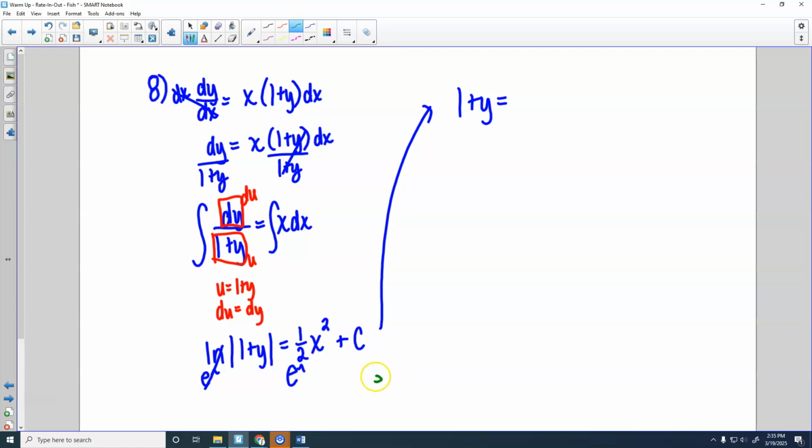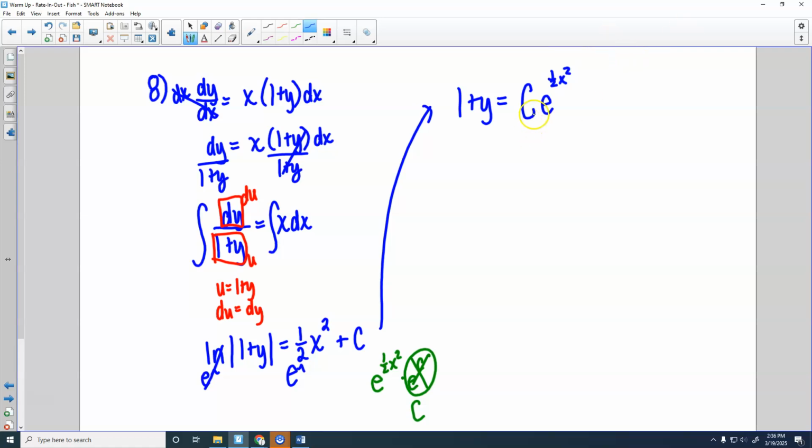What happens is you got e to the 1/2 x squared times e to the C, but we said that e to the C, we can just change it to a C. So what pretty much happens every time is that capital C gets pulled out front as a coefficient. So you got C e to the 1/2 x squared. You can just do that without really showing any work for it. You're going to see the more problems we do like this, it just happens every time. So they're going to assume you're doing that part in your head.